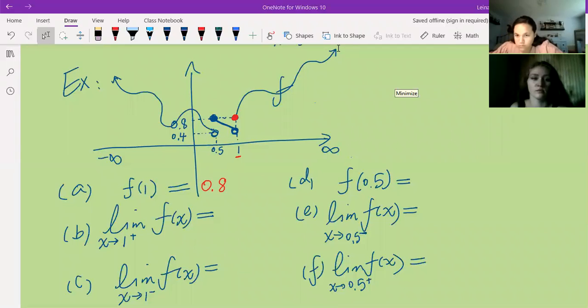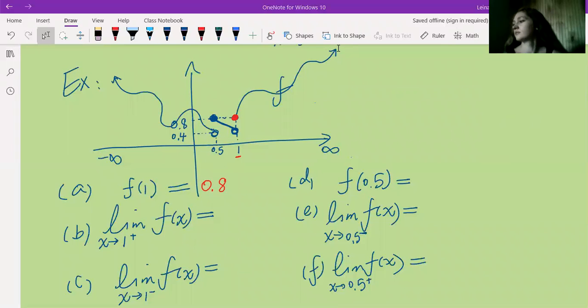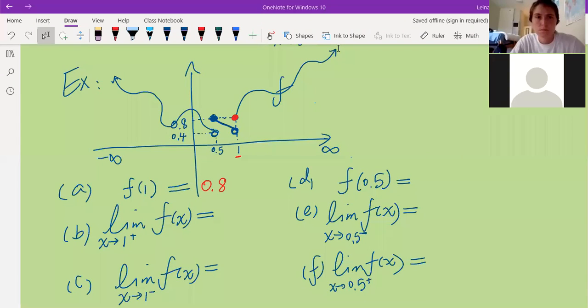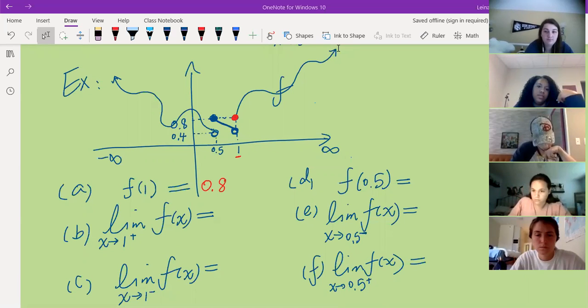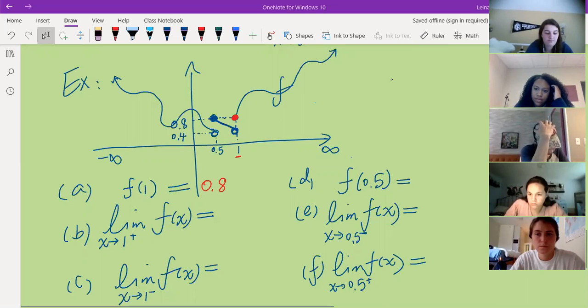Daniel, why is it 0.9? Where did you get the 0.9? There's only 0.4 and 0.8. Yes, Elijah, this time is correct. Very good. Carson, you got 0.8. That is good as well.